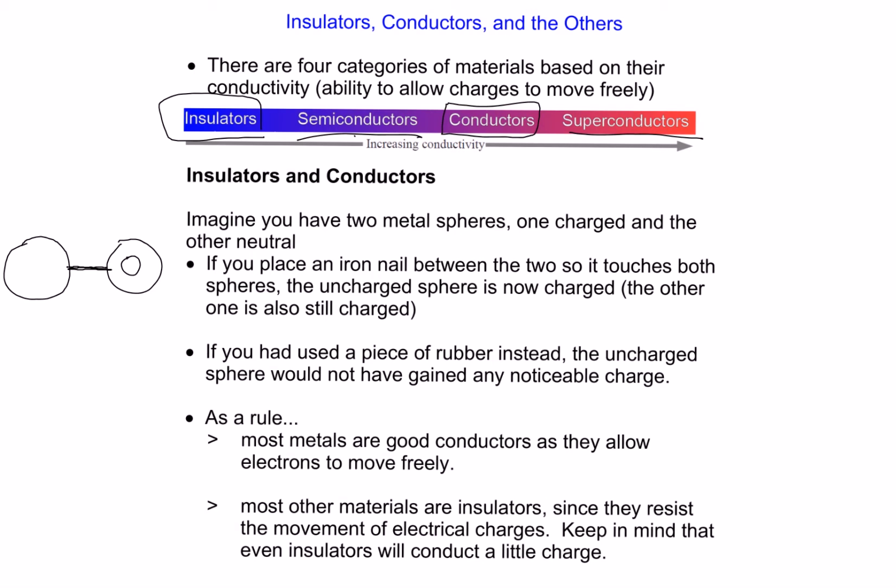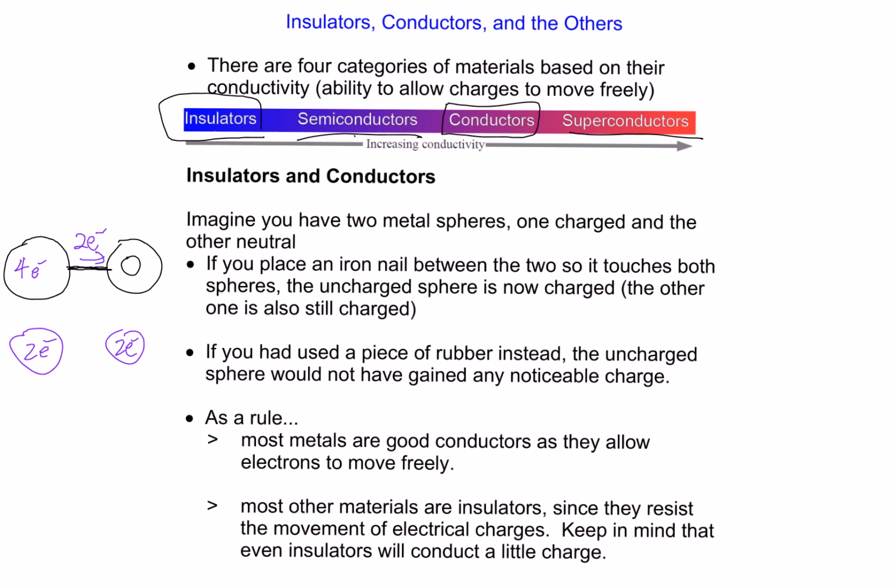So let's suppose we have 4 electrons. In the first one, we touch the two spheres together with an iron metal. Because the iron is a conductor, we should get 2 of the electrons moving to balance things out. So we then would end up with 2 electrons in each metal sphere. Okay, so they'd each have a net charge of -2.